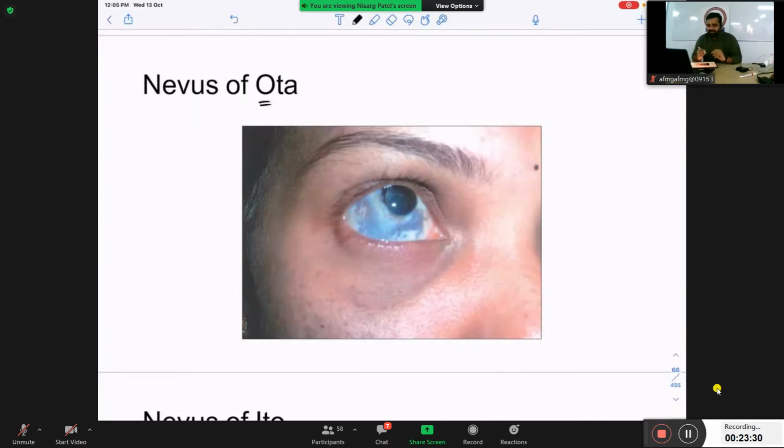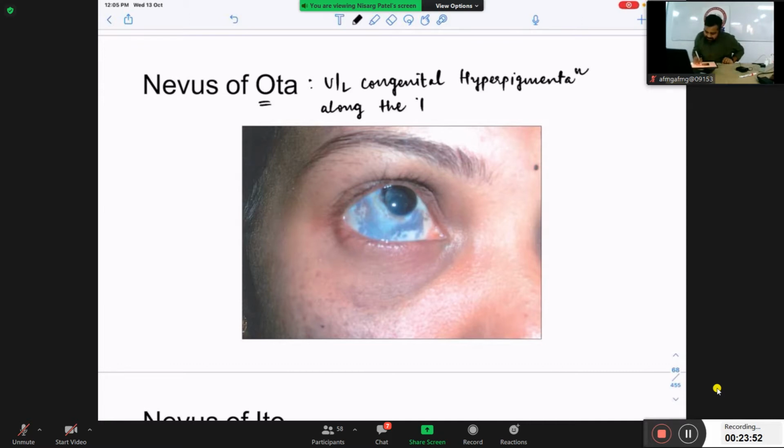So what happens in nevus of Ota? In nevus of Ota there is a unilateral congenital hyperpigmentation along the trigeminal nerve.